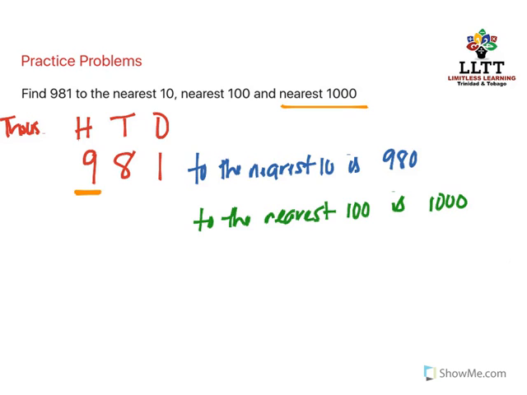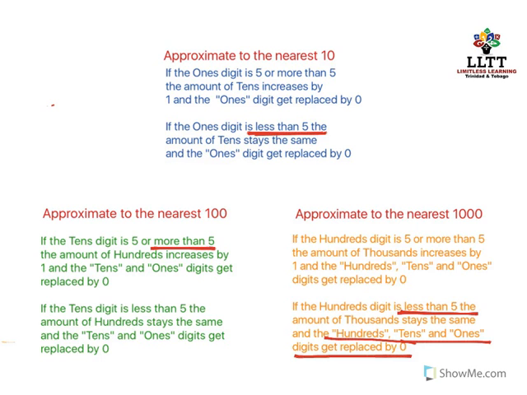In this case, what is our 1,000 digit? We don't have one. So technically, it's 0. We don't have any 1,000 in this number. So we look at our hundreds digit, and according to our rules, if our hundreds digit is more than 5, because remember our hundreds digit is 9, we're going to add 1 to the number of thousands.